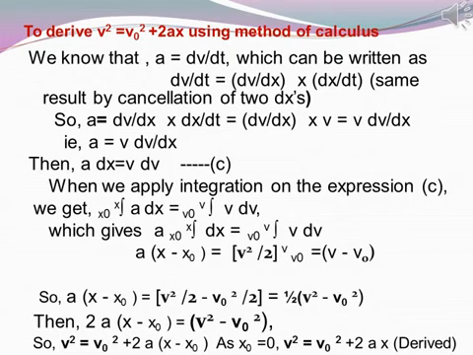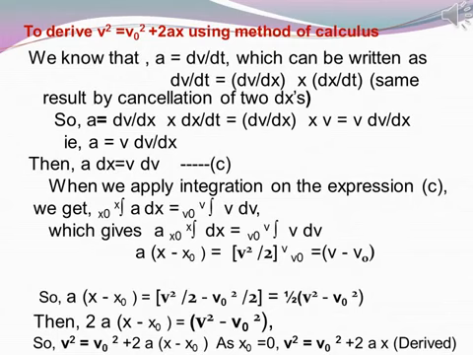Since integration of x to the power of n is equal to x to the power of n plus 1 divided by n plus 1, this is equal to v square by 2 minus v0 square by 2, which is equal to 1 by 2 into v square minus v0 square. So, a into x minus x0 is equal to 1 by 2 into v square minus v0 square.